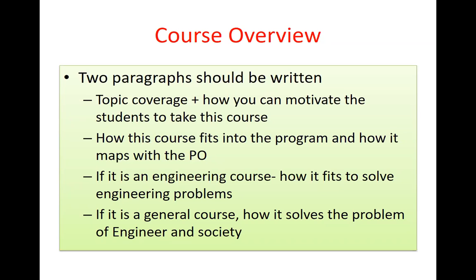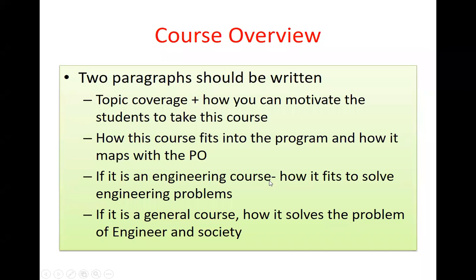This program outcome also will be seen later in the session, and we have to map our course into the 12 program outcomes, which is given by the National Board of Accreditation. So this also should be included in the 2 paragraphs.